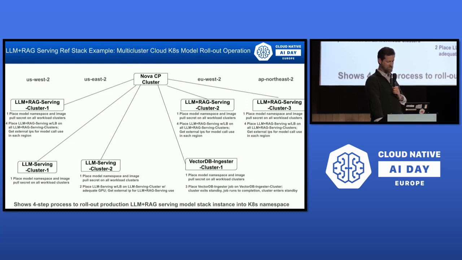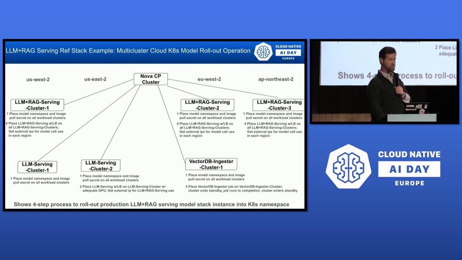Then we'll pull in the LLM serving and load balancer, and the RAG model down here. And then we'll fire up the vector database on the vector database cluster. And last but not least, we'll place all of the LLM and RAG serving components across the 3 clusters to serve the API layer. So it's a 4-step process to get this all deployed across all of these different clusters.